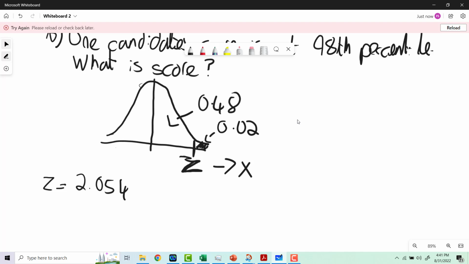And remember we had Z equals X minus mu all over sigma.